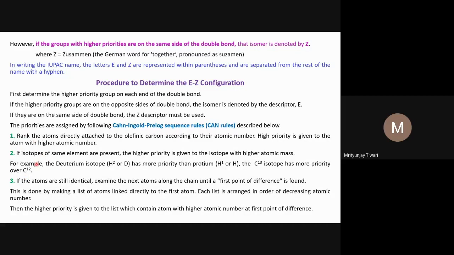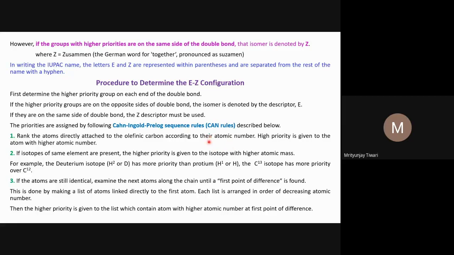So if one combines rules 1 and 2 into one rule, it means the atoms with the higher molecular weight, the higher mass number, the higher atomic mass, should be given higher priority. That is usually the case, but not necessarily, because there are also isobars, and in the case of isobars we will have confusion.